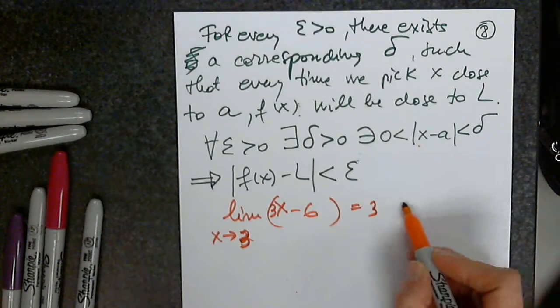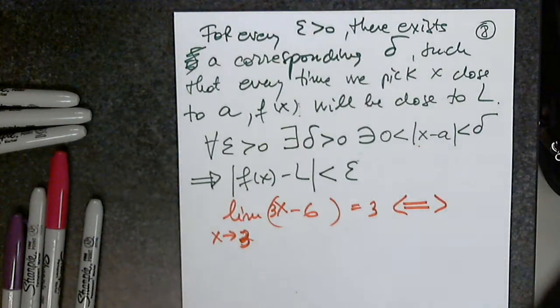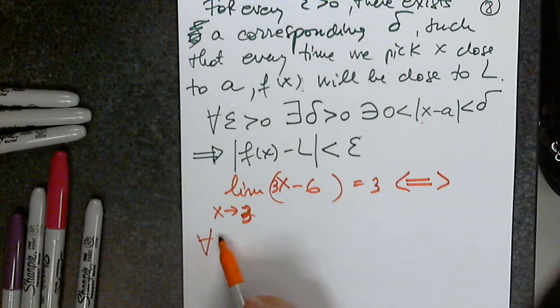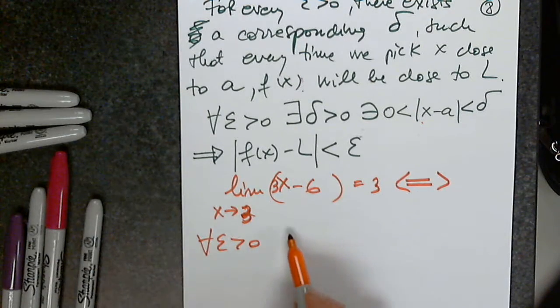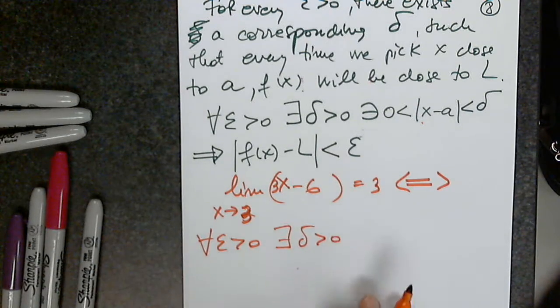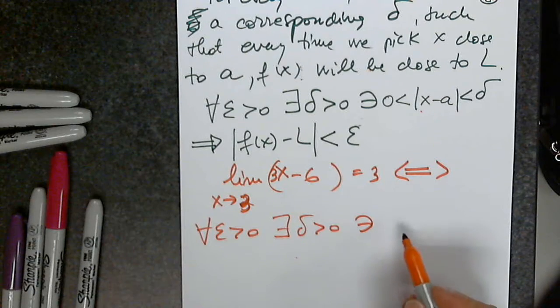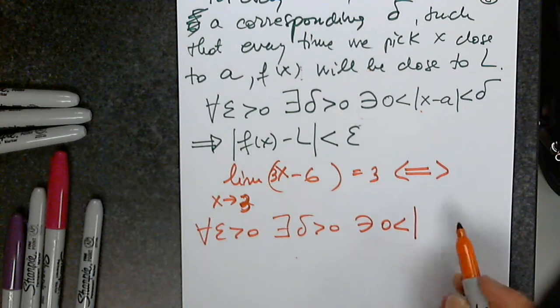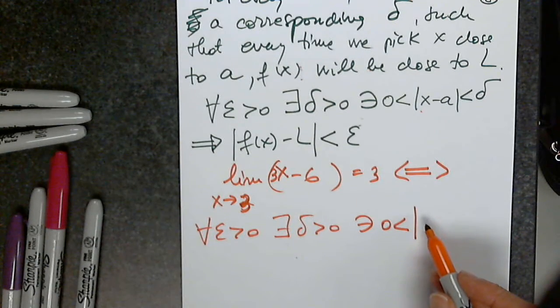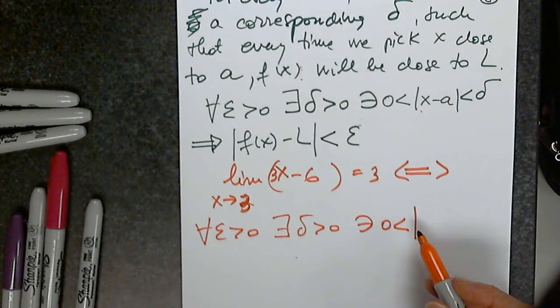Good. So this is equivalent to saying, for every epsilon greater than 0, I will find a delta greater than 0, such that 0 less than the absolute value of x minus 3 less than delta. You have to follow the rule.